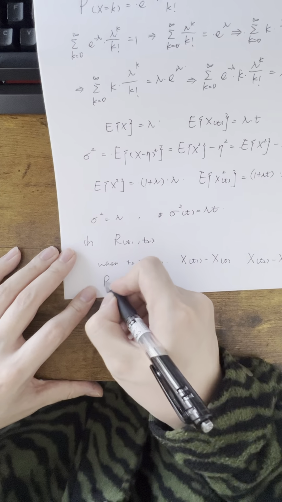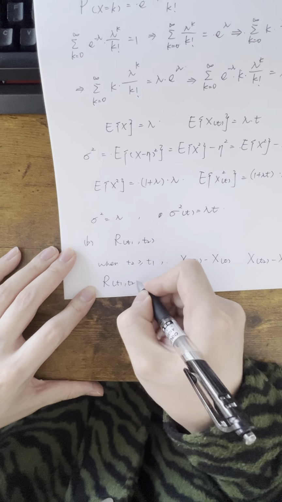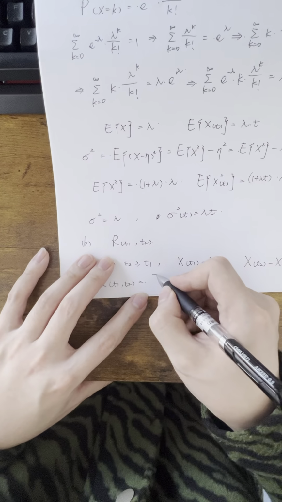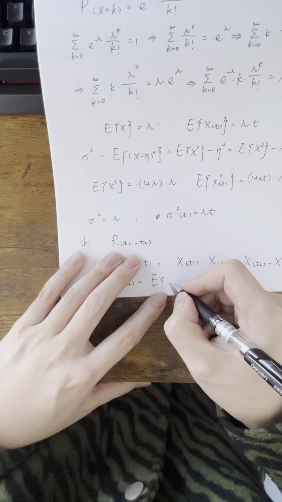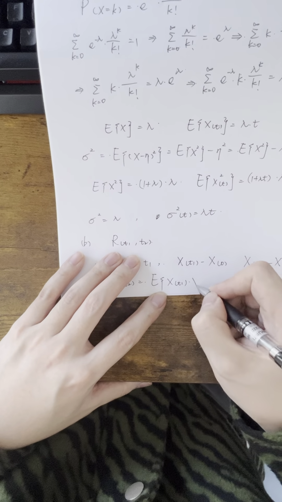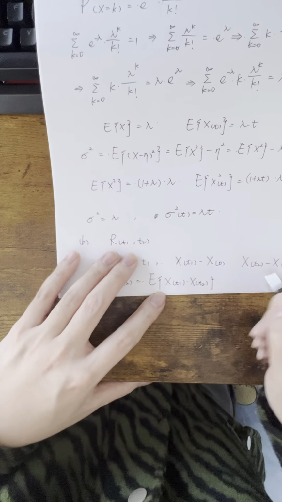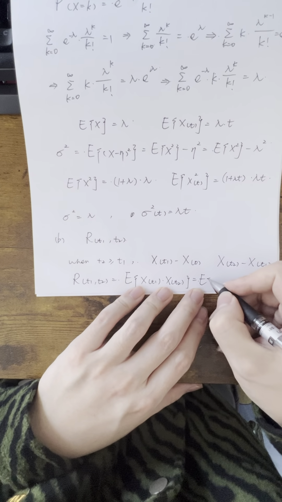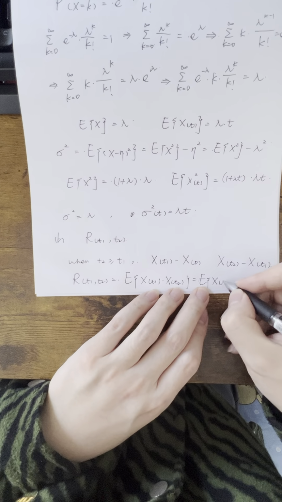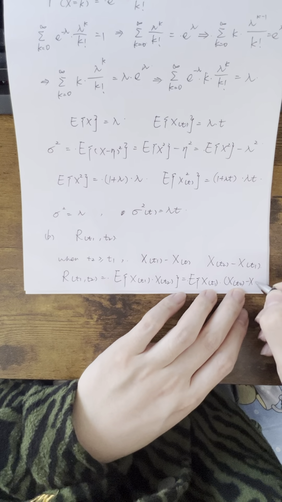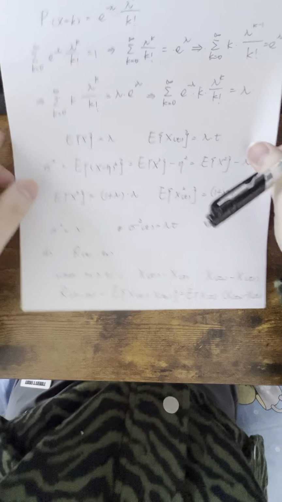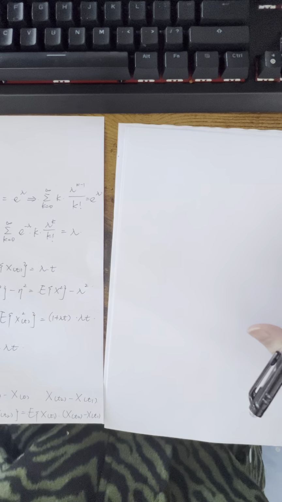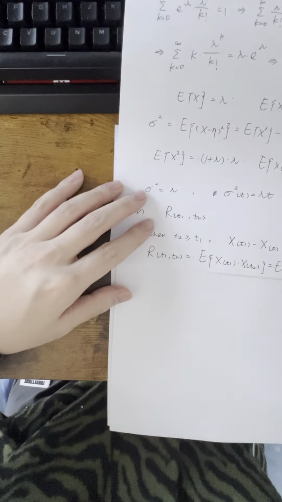So we could get that R(t1, t2) equals the expected value of X(t1) X(t2). And we could construct this: X(t1) times X(t2) minus X(t1) plus X(t1). Sorry, I will write again in a new page.